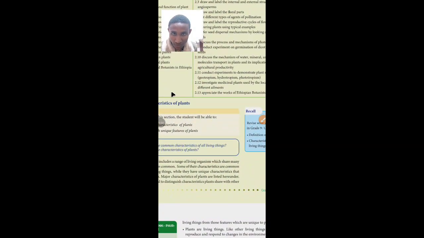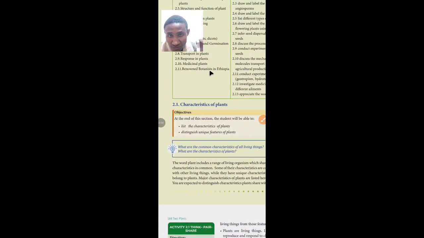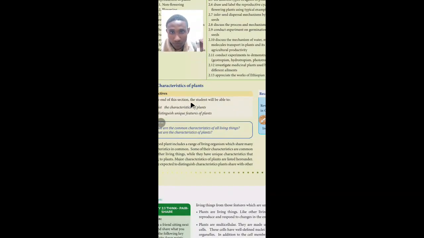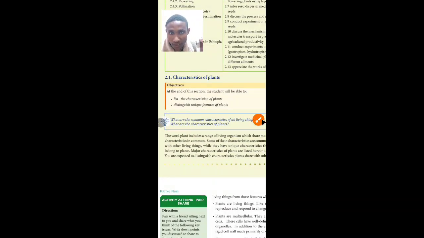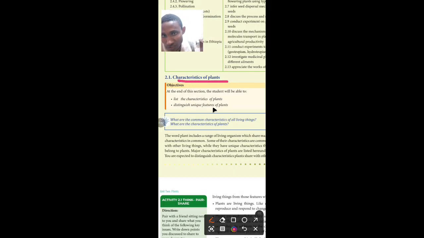Based on the book, there is a clear explanation about the characteristics of the plants as follows. We will explain this idea clearly. First there are the characteristics of the plants as the book says.